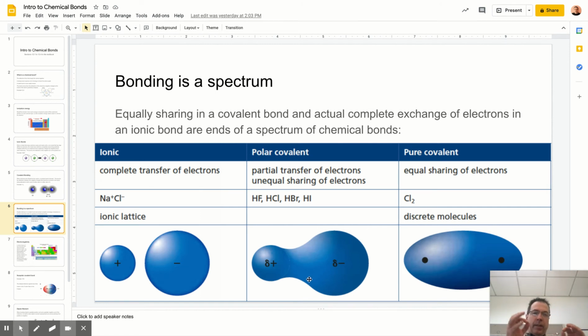What you have here is the shared electrons spending time near both nuclei, but the shared electrons are spending a little bit more time, or the overall electron density really is a better way of thinking about it, is a little bit greater around the atom on the right in this picture and a little bit less around the atom on the left.